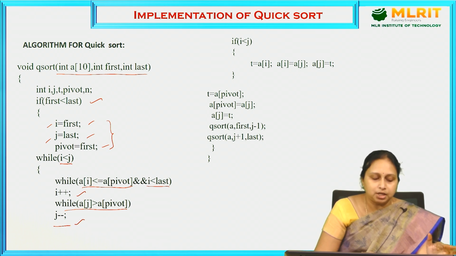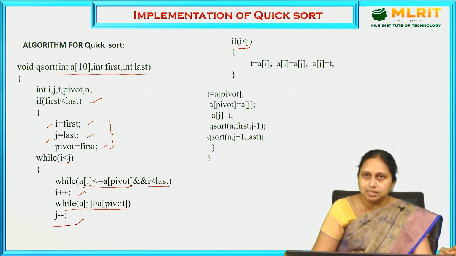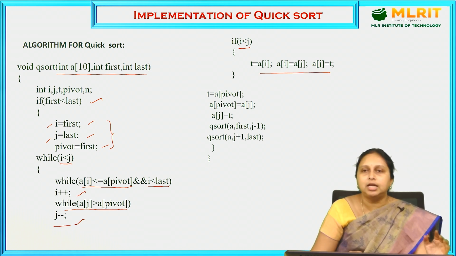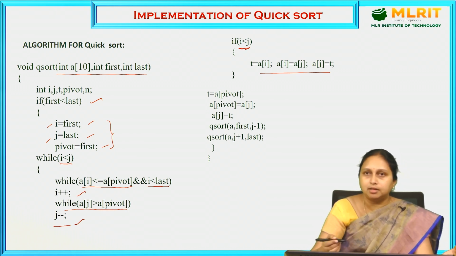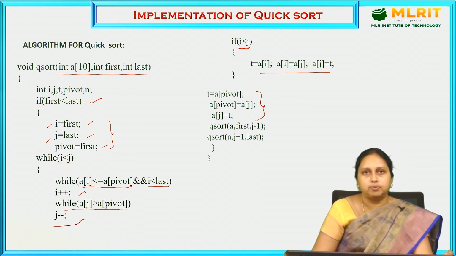If I and J have stopped somewhere, then we check whether I is less than J or not. If I is less than J, then A of I and A of J are going to be swapped. If not, if my I value is greater than the J value, then A of J and pivot are going to be swapped.